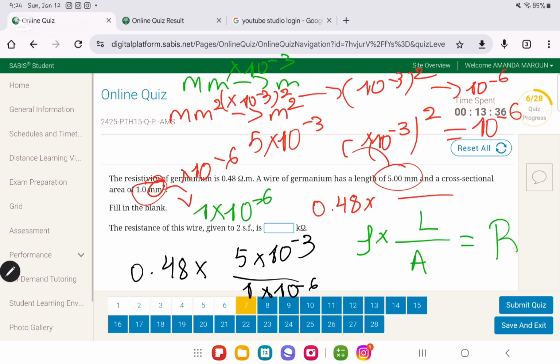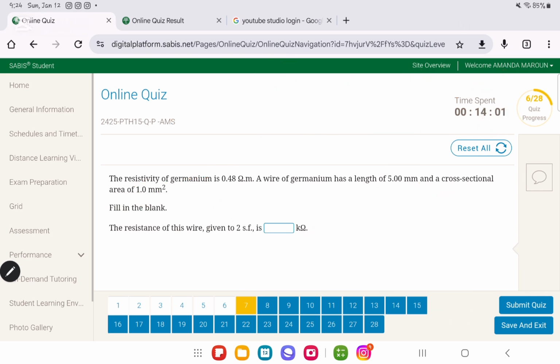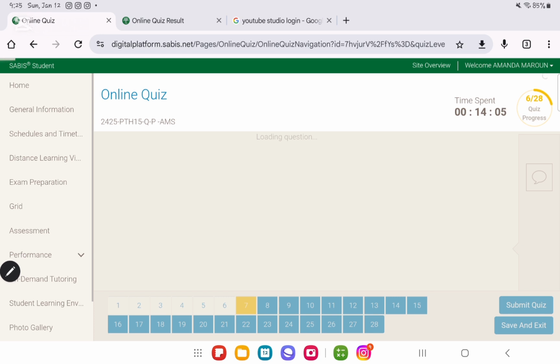So doing it on the calculator, 0.48 times 5 times 10 to the power of minus 3, divided by 1 times 10 to the power of negative 6, we are going to get an answer of 2400 ohm, but they need it in kilo ohm. So to change it to kilo ohm, we divide by 1000, and like that we are going to get 2.4 as our answer.